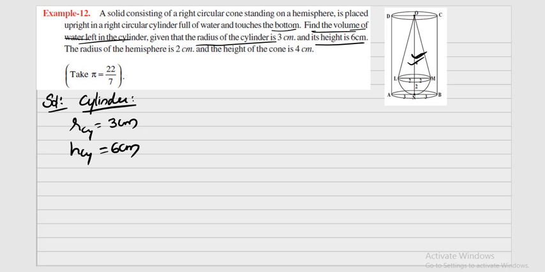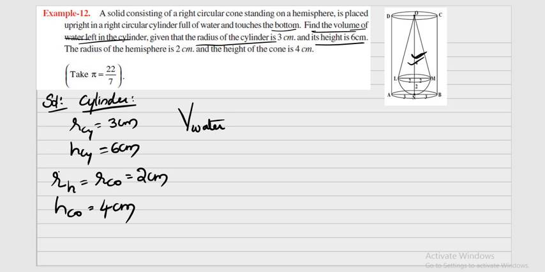First of all, radius of hemisphere. Already we know radius of hemisphere is equal to radius of cone, which is given as 2 centimeters. Next, height of cone. So height of cone is given as 4 centimeters. Right. So these all are the things that are given. Now what do I need to find? The volume of water left. So what is the amount of water left? So directly what we can say?